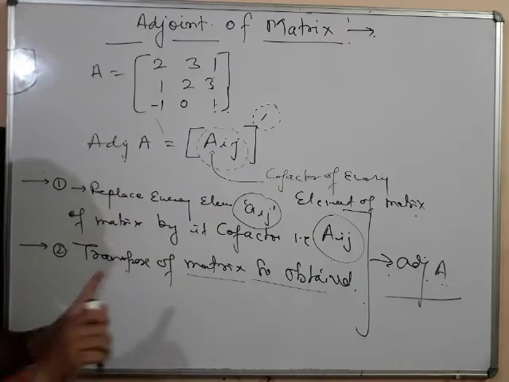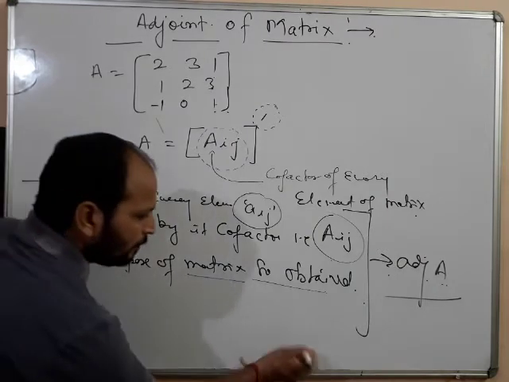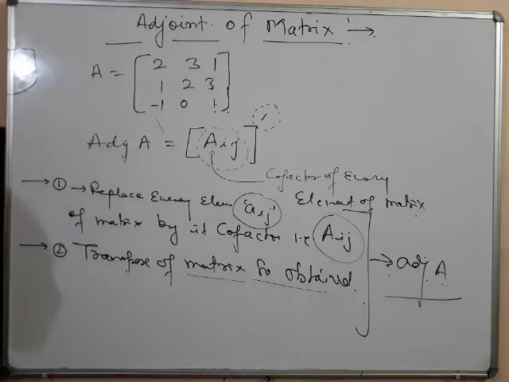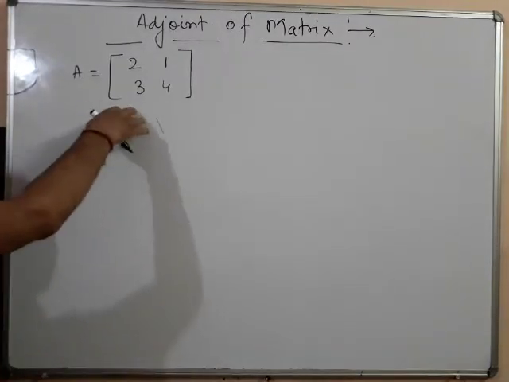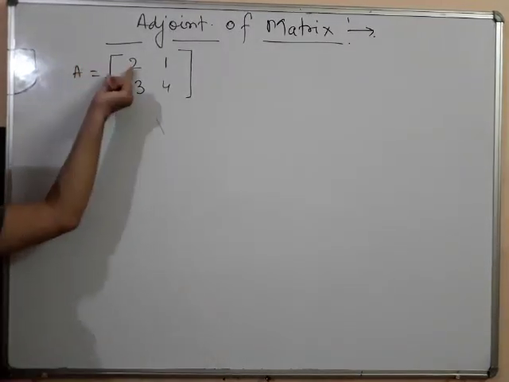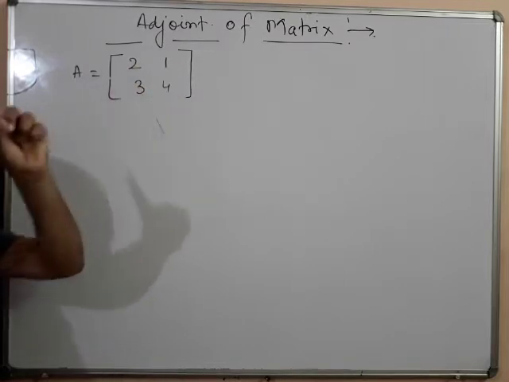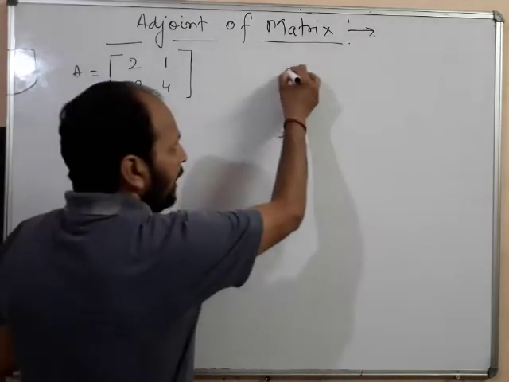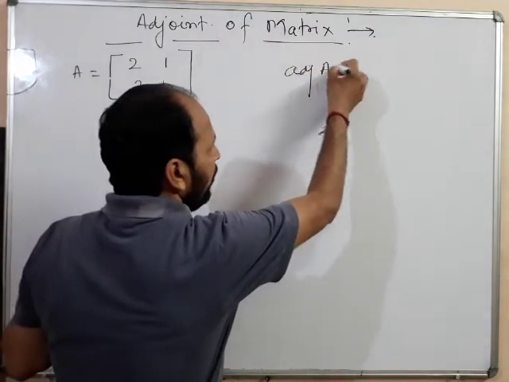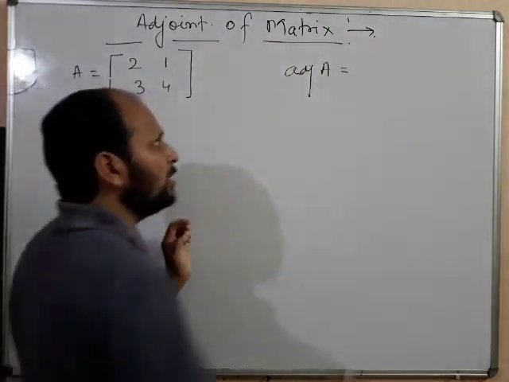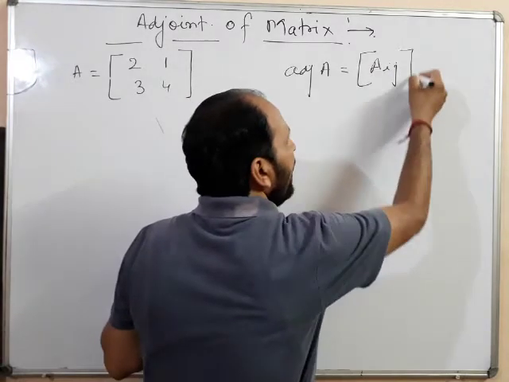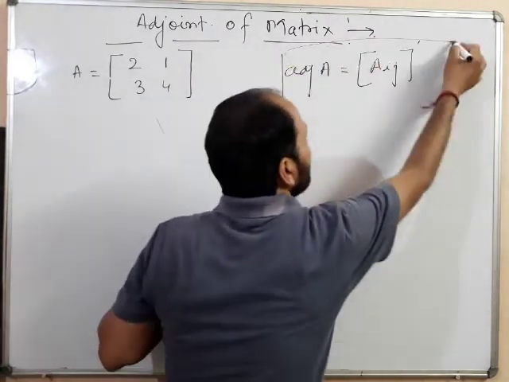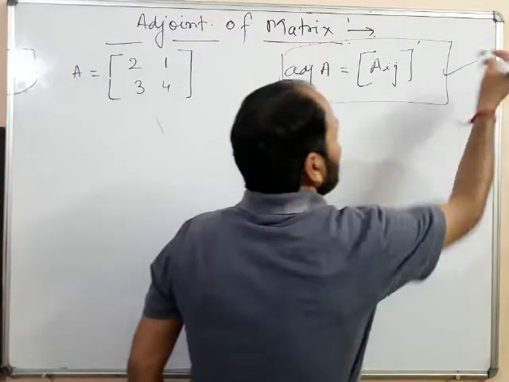Okay students, now we are taking an example. Take A is equal to 2, 1, 3, 4. Always remember, the adjoint of A is the transpose of the matrix of Aij. Clear?